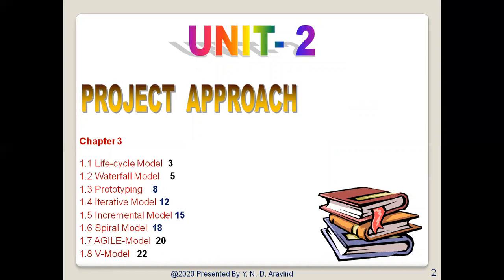So these are the different types of models we will discuss in this chapter. And in the next part of this unit, in chapter 4, we will discuss the process framework, in which we will see life cycle phases, process artifacts and process workflows.